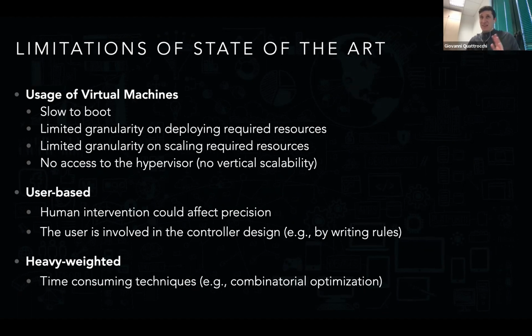So previous works were based on virtual machines with larger control periods, and they were also using heavyweight techniques for reasoning, so for calculating the exact amount of resources required to match the amount of requests with the resources.